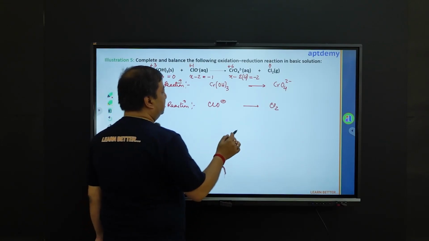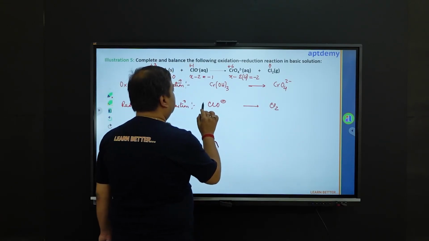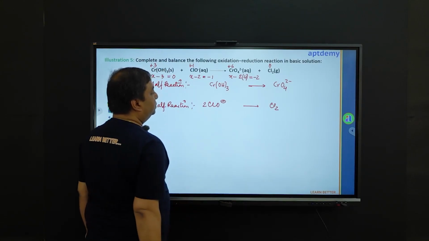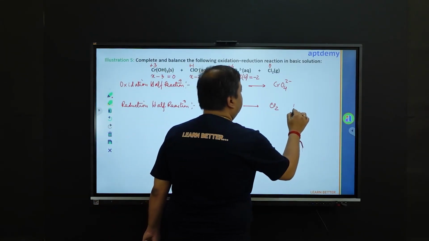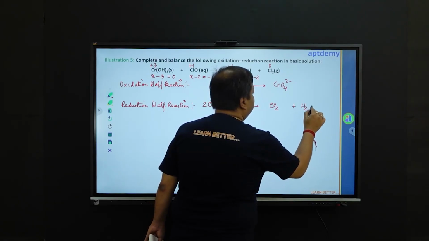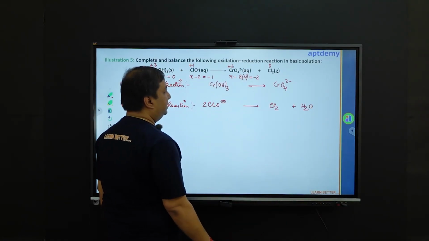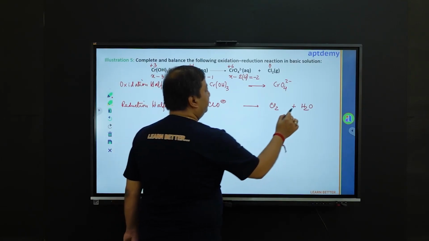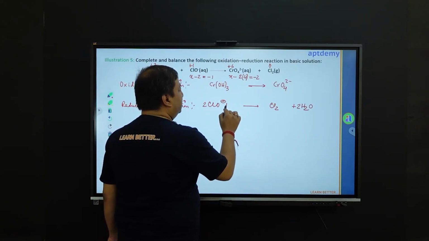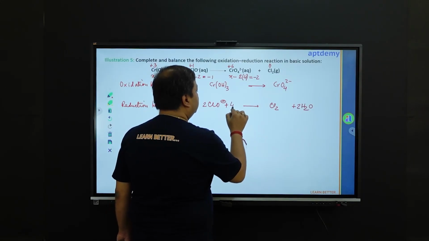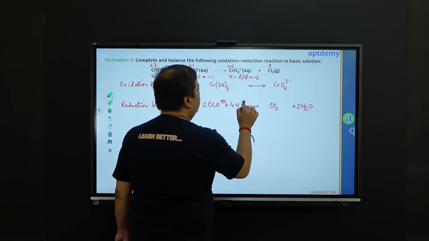If we have to balance, we have to balance Cl, so there should be 2 Cl over here. Now to balance the oxygen, we will write H2O over here. Since there are 2 of them, we have to multiply the water molecule with 2. And to balance the hydrogen, we will add 4 such protons over here.